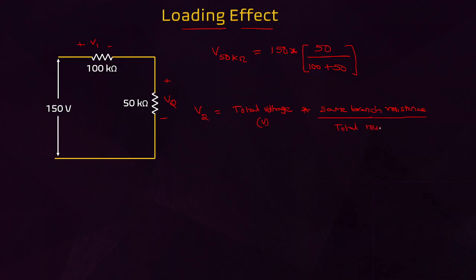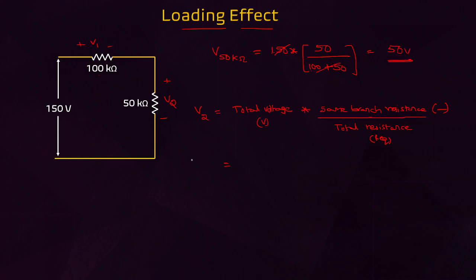Since they are connected in series, we just add them. After simplifying, we get 150 into 50 divided by 150, so 150 and 150 cancel, and the voltage will be 50 volt.